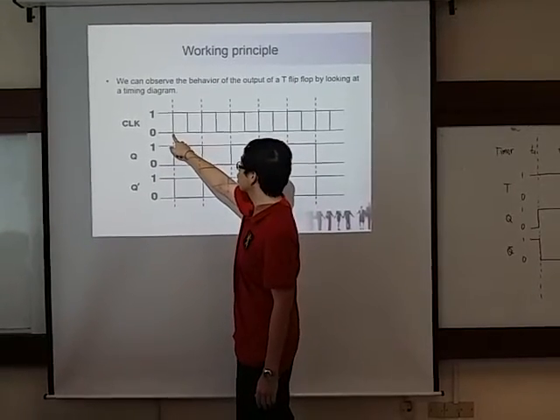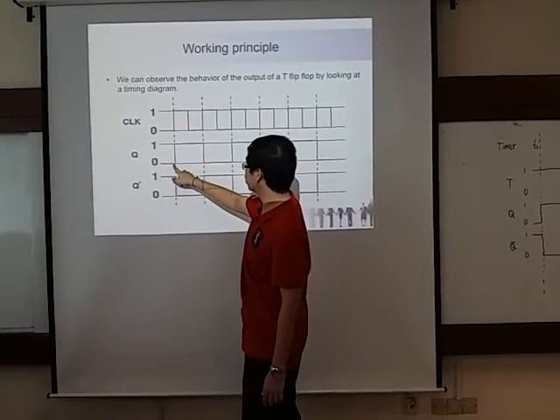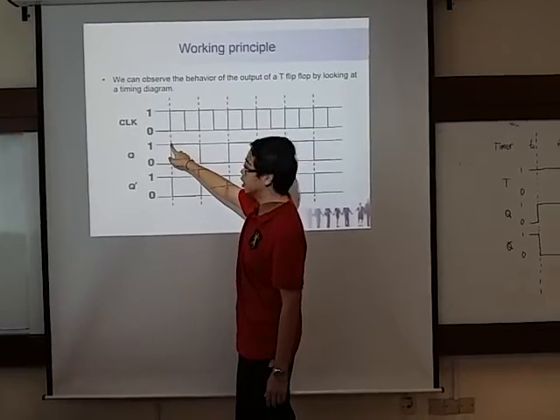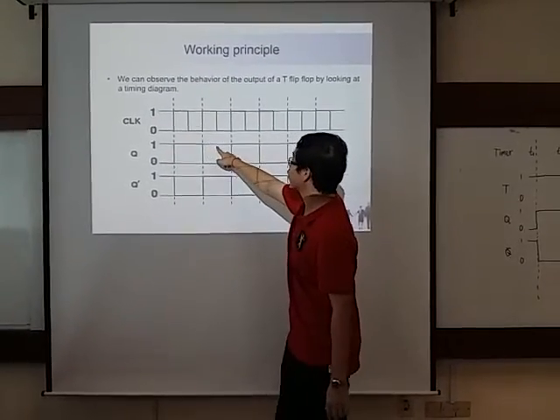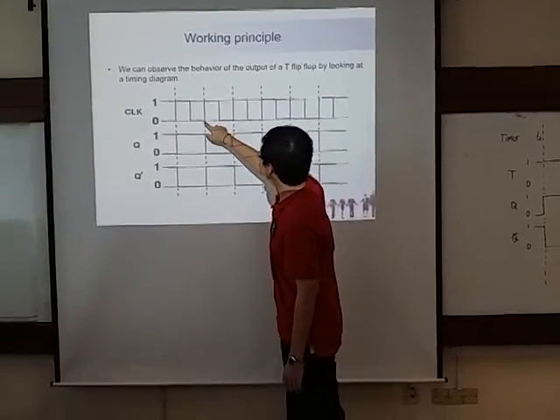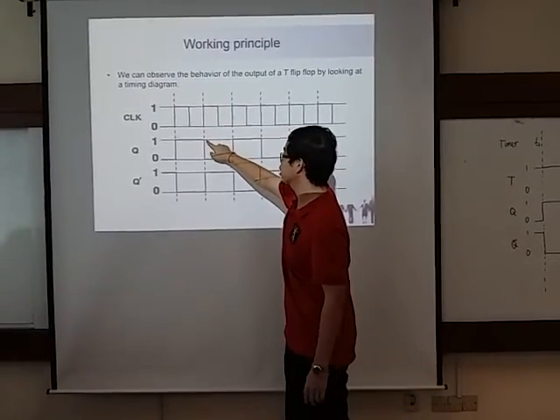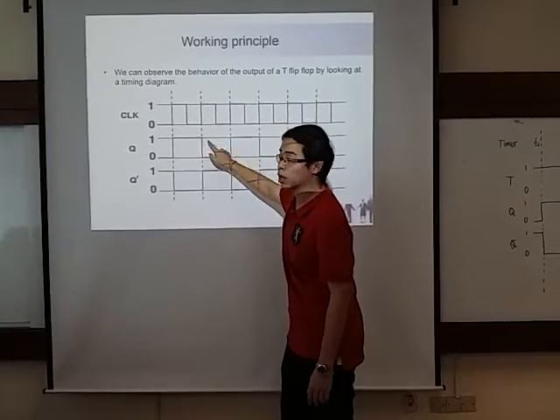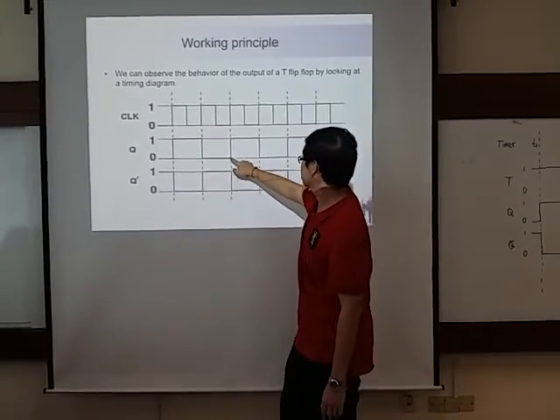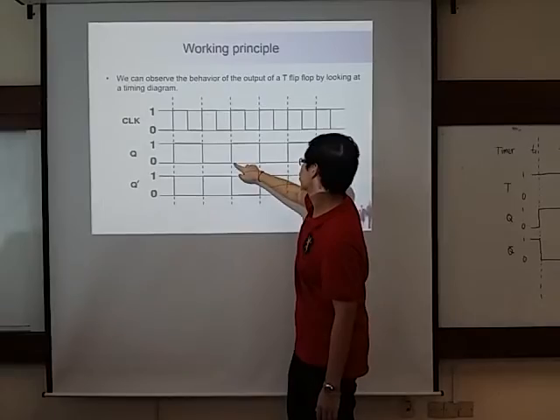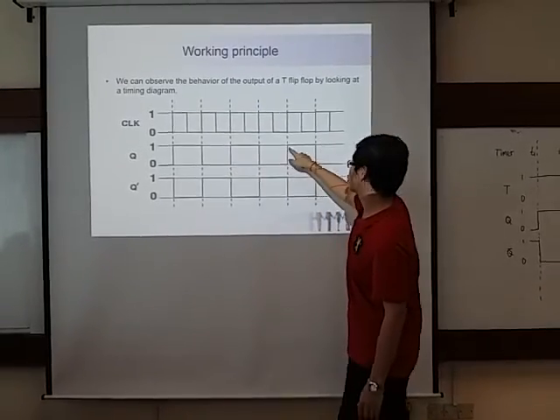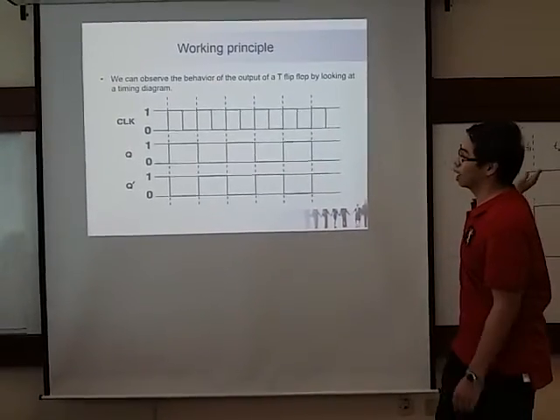If the clock toggles to 1, then the Q also will toggle, right? After that, you go to the next positive edge, you can see the clock toggle again. So now this Q will toggle back from 1 to 0. Then proceed, toggle again, then Q also toggles again. This process will continue until the end of the clock.